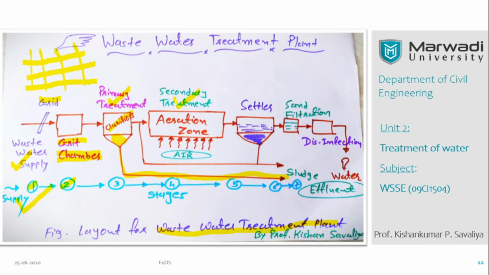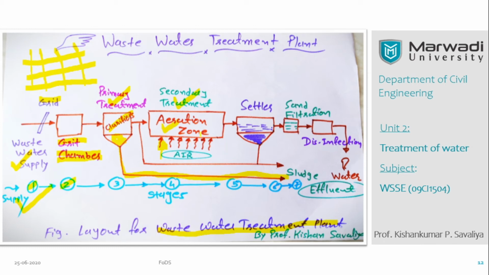Similarly, in secondary treatment, aeration zones are there. After the homogeneous mixing of the wastewater in the clarifiers, we go for the aeration process. In that case, air is blown from the bottom of the tank, so that by creating air bubbles in the wastewater, we can further remove the sludge and the extra particles which were not removed by the primary treatment.